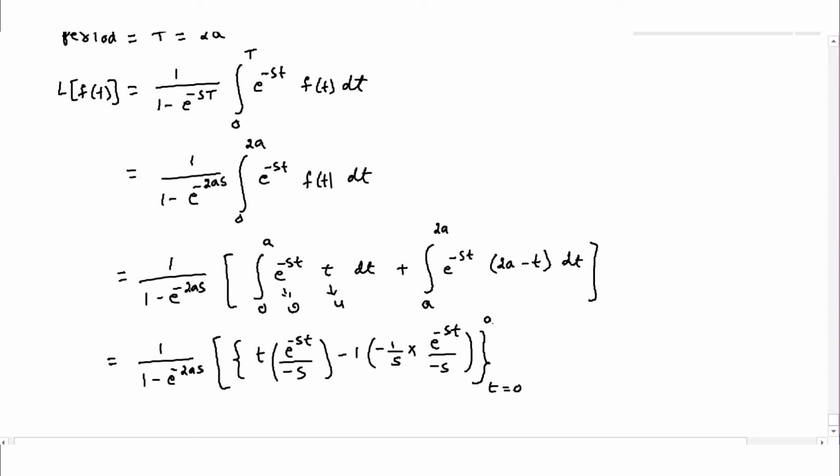Coming to the next term, plus here this 2a minus t will be acting as your u value, this will be acting as your v value. So once again we'll try to use the Bernoulli's rule.